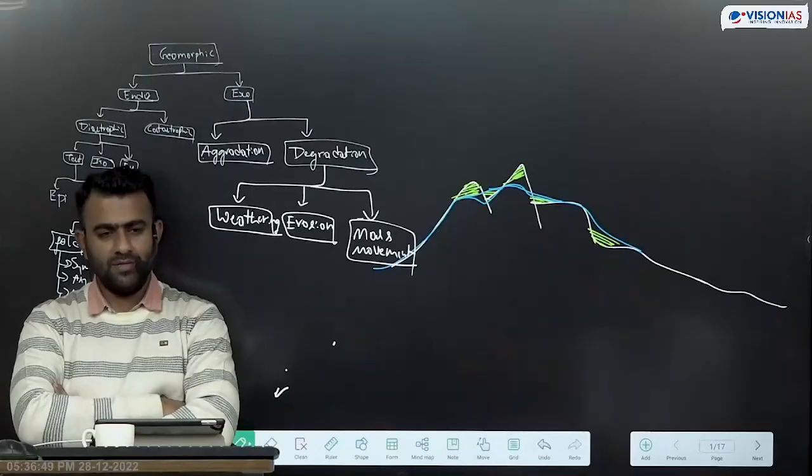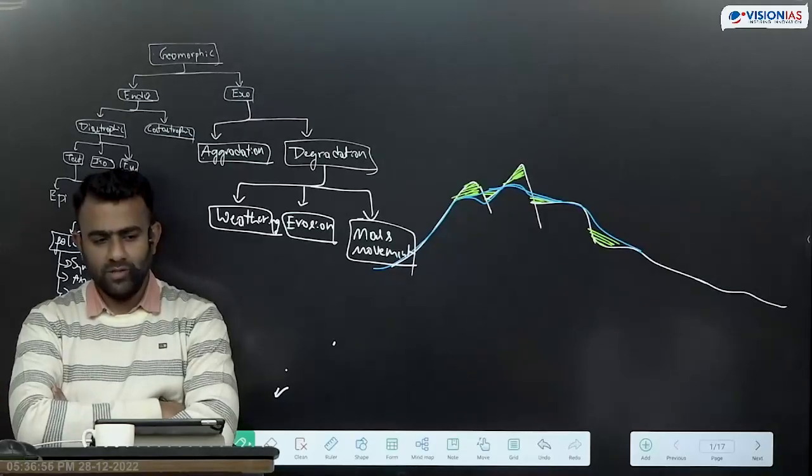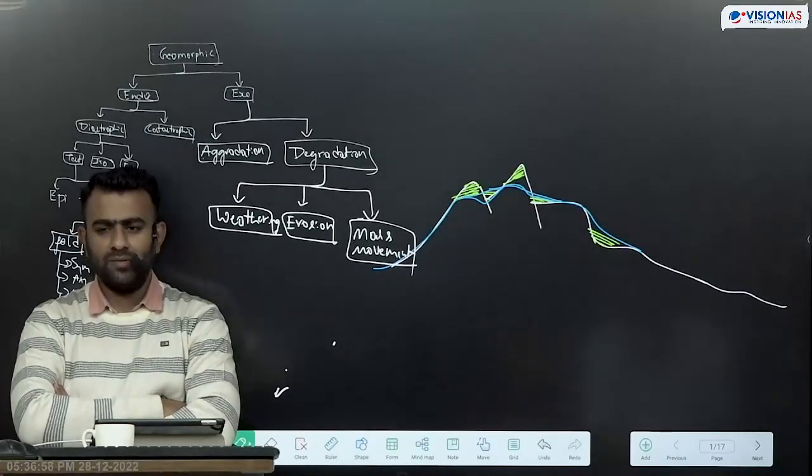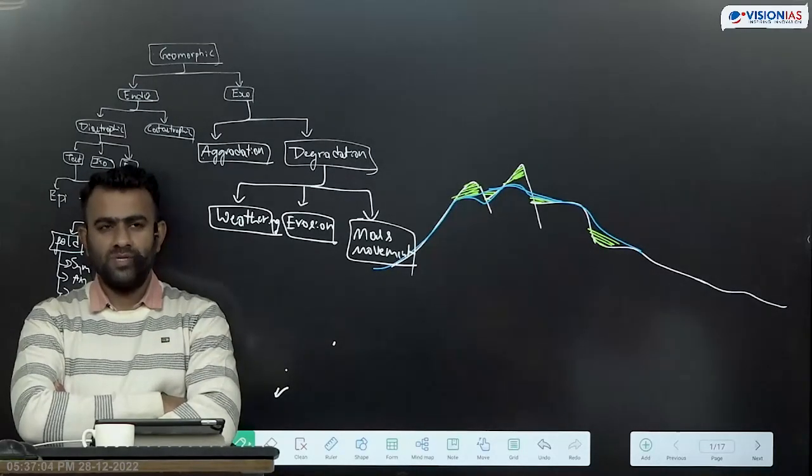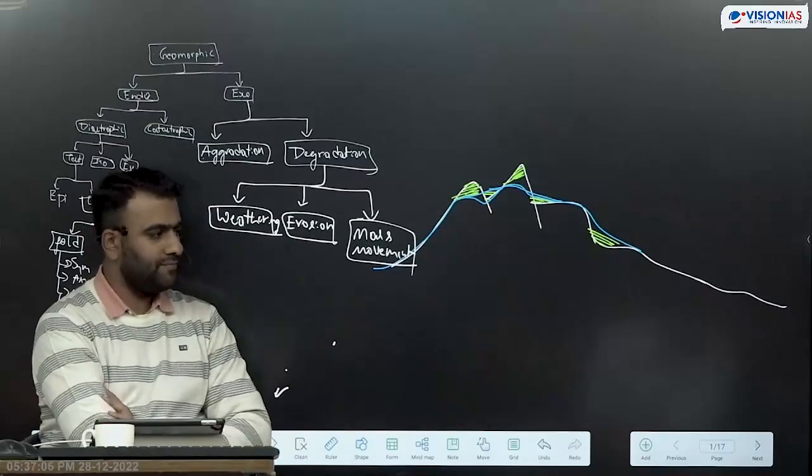Grade, that is slope. स्लोप को ही ग्रेड बोलते हैं. So basically slope is called as grade, right?